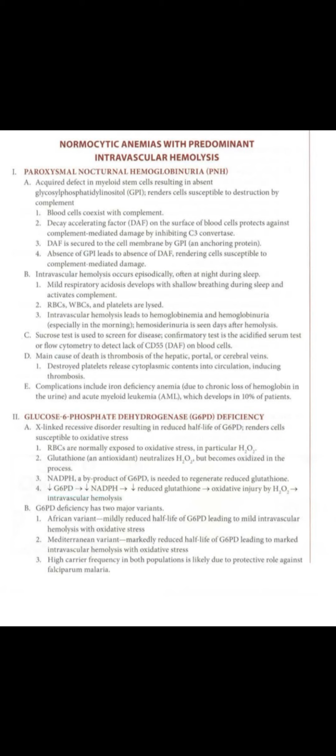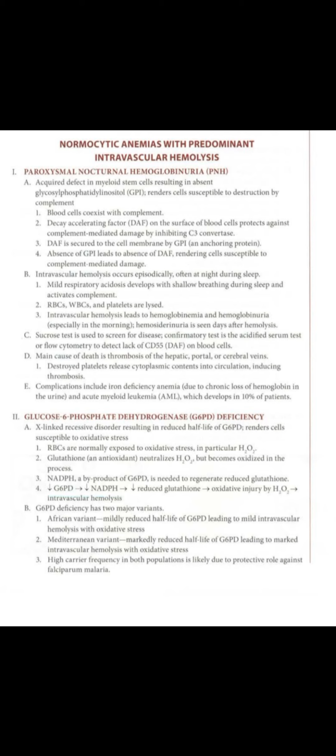Decreased G6PD, decreased NADPH, decreased reduced glutathione, oxidative injury by H2O2, intravascular hemolysis. G6PD deficiency has two major variants. African variant: mildly reduced half-life of G6PD leading to mild intravascular hemolysis with oxidative stress.